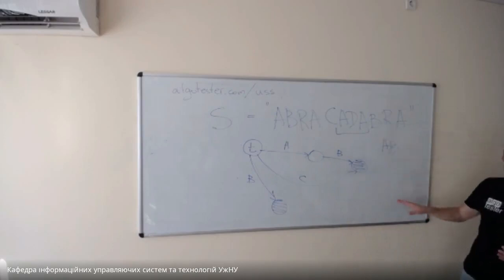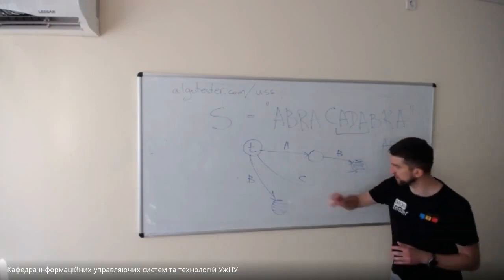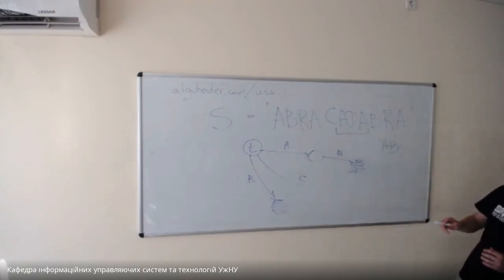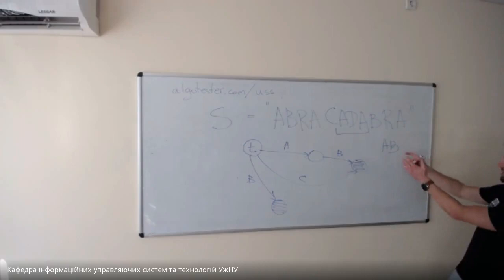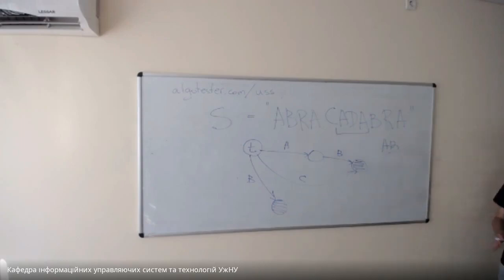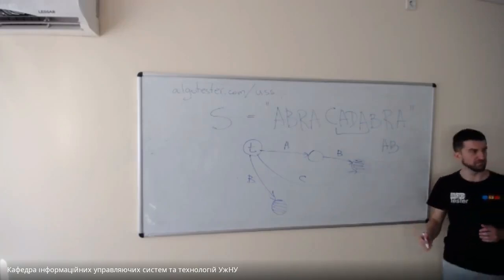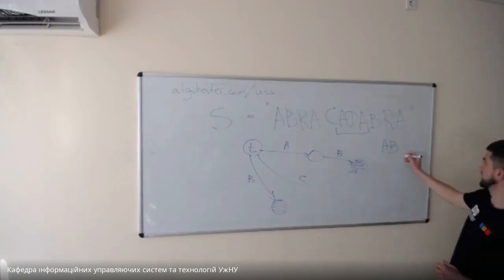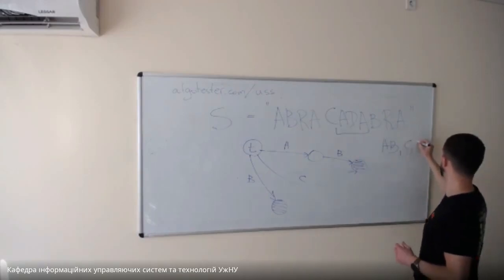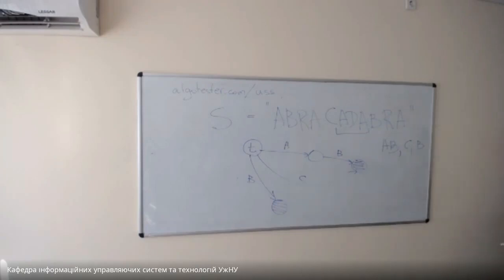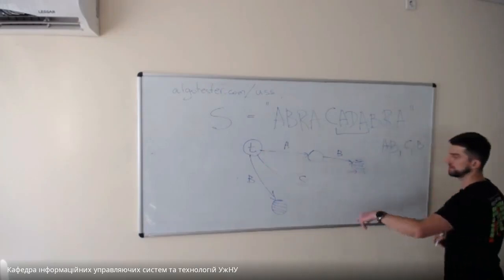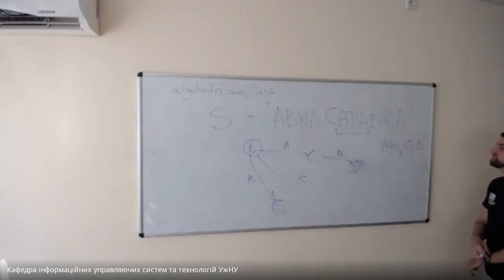We choose any path, and then when we finish in the terminal state, we claim that the printed string is accepted. So tell me, except for AB, what other strings are accepted by this machine, by this automaton? Exactly. So C and B are also accepted. So because we can follow this path or this one.